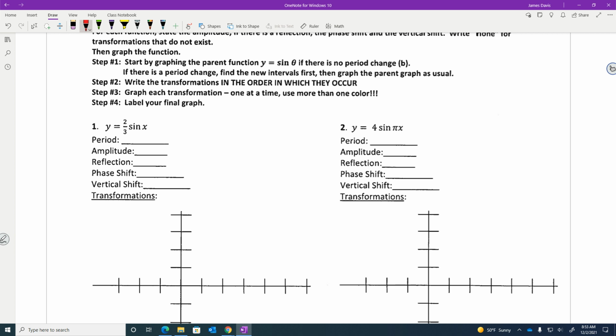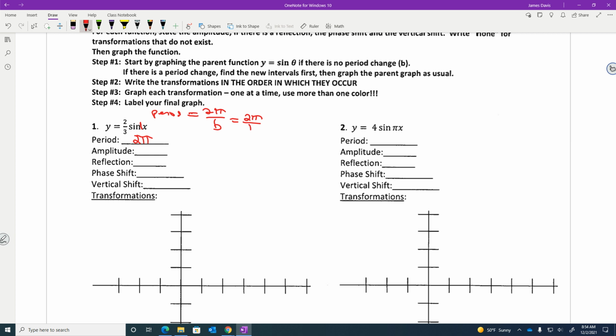The period is always 2 pi over b. The b is 1 in this case, so there's an invisible 1 there, so 2 pi over 1. If there's no number there, then we just assume it's 2 pi, because the sine or cosine function's period is 2 pi. So the period's 2 pi.